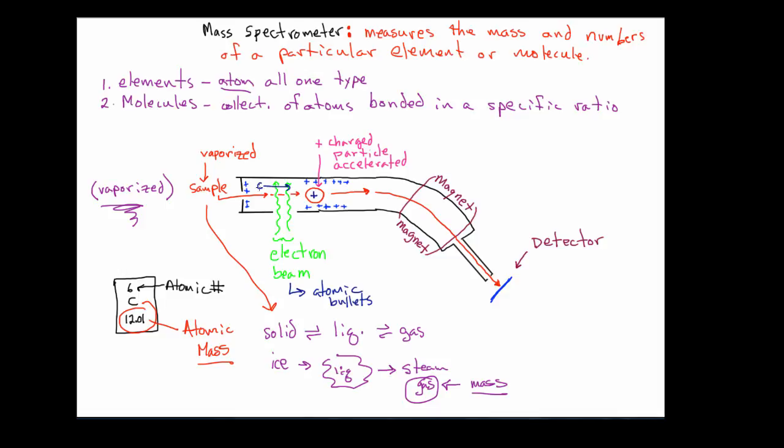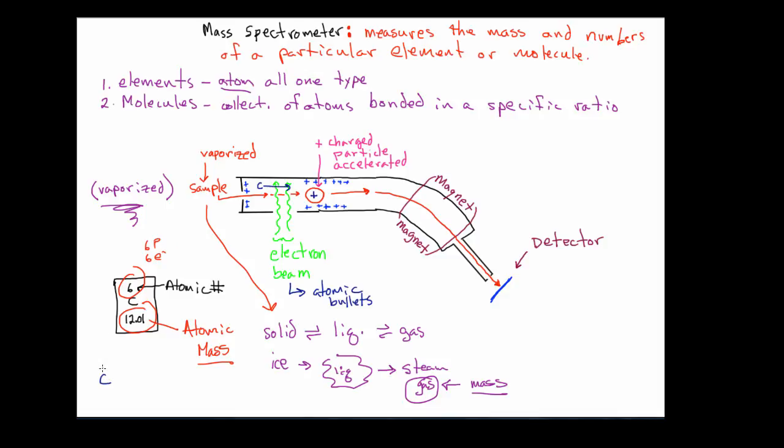And once that happens, the carbon is going to be converted into an ion, specifically into a positively charged ion. So a way of looking at this is that you've got carbon, and remember what I said at the beginning of this, because the carbon has 6 protons in it, the neutral atom is also going to have 6 electrons.